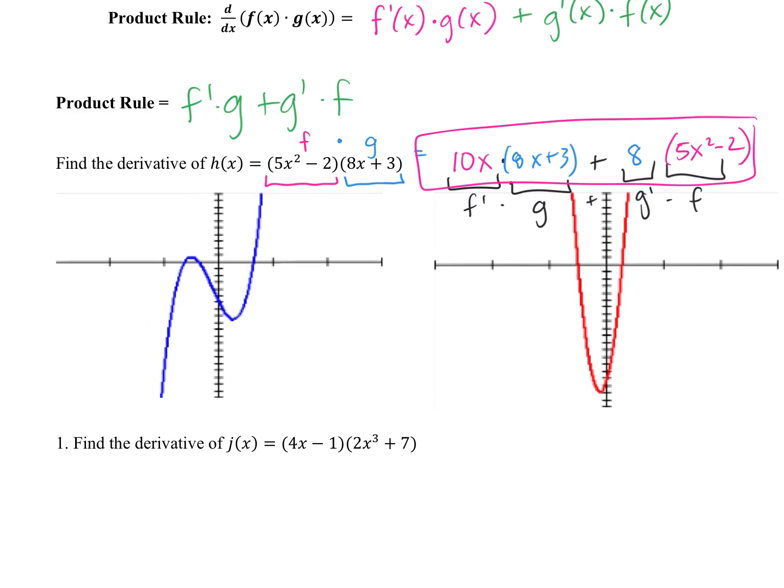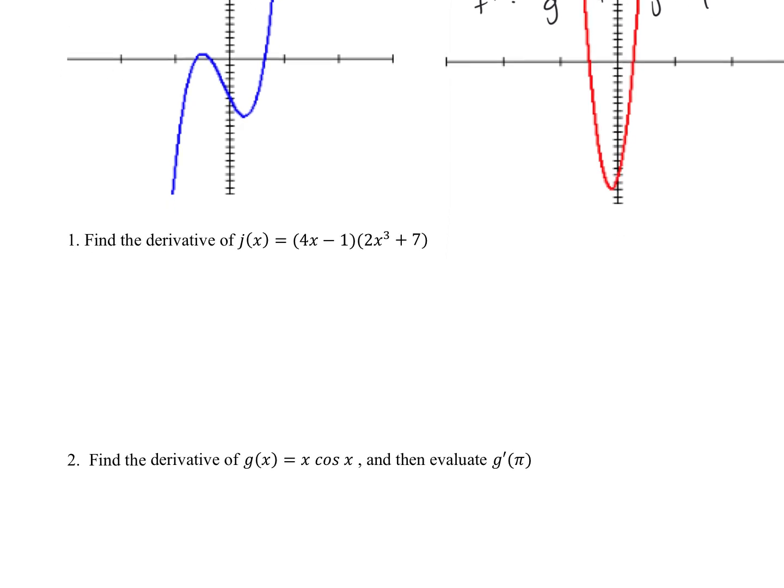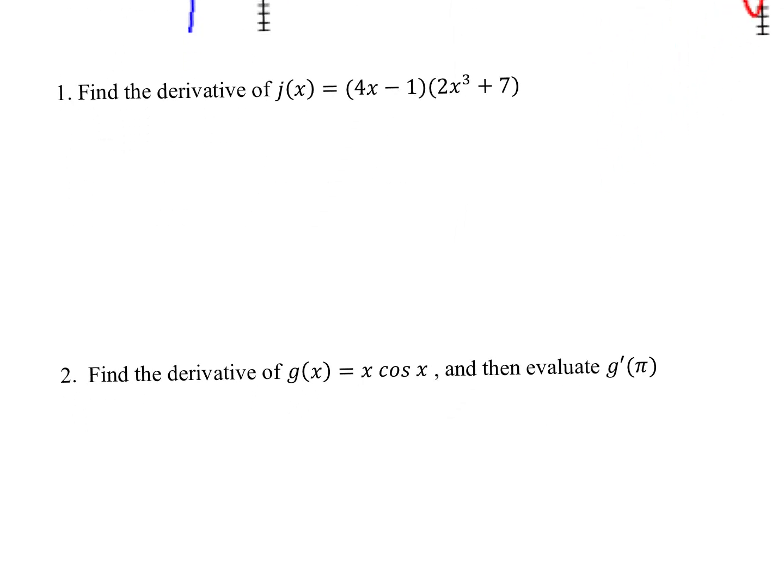I'm going to do this one before I come up to these graphs. This one, let's practice that one more time. This is my first function. This is my second function. Since they're being multiplied together, we got to use the product rule. So j prime in this case would be f prime times g plus g prime times f.